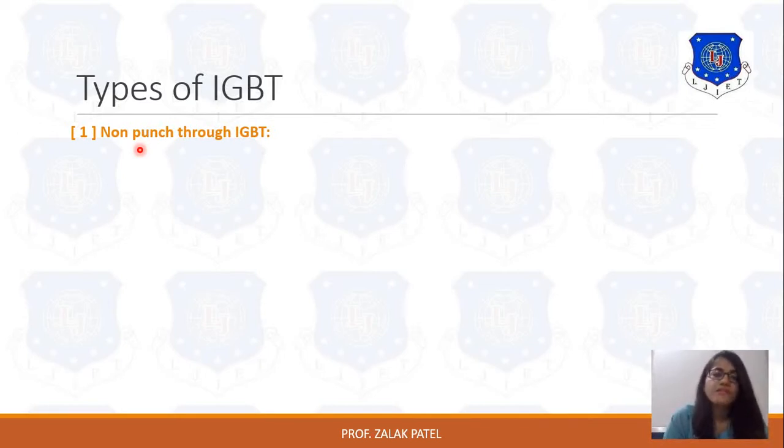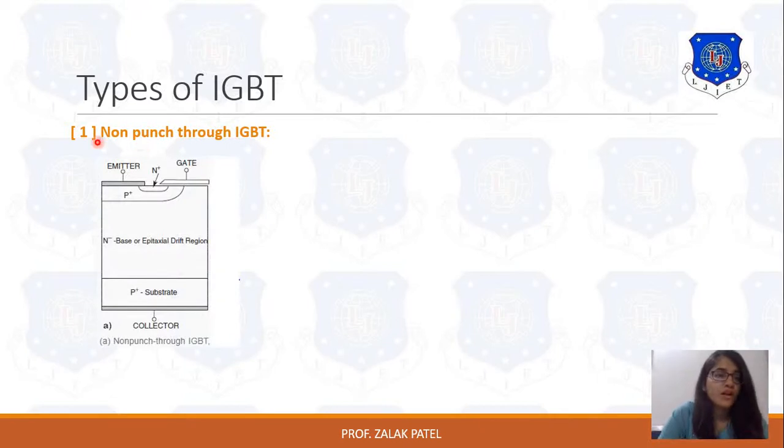Let's see the different features of it. For non-punch through IGBT, the structure is like this: P plus, N minus and P plus layer. Between P plus and N minus there is no N plus layer present, meaning the buffer layer is absent in the case of non-punch through IGBT.